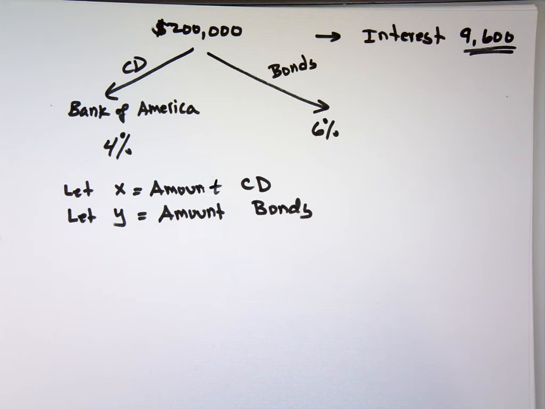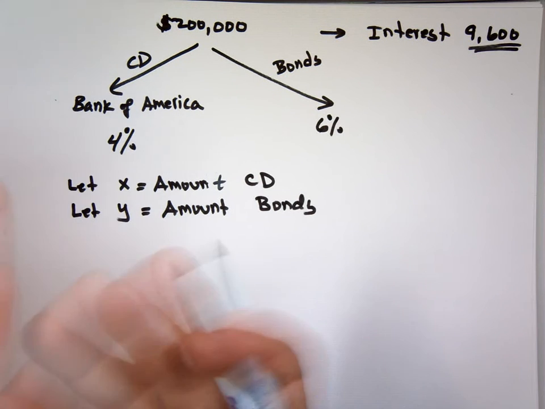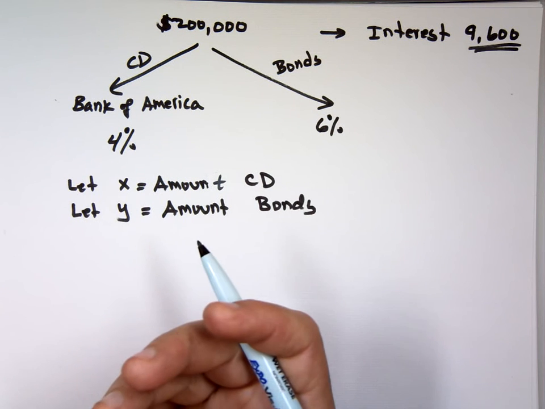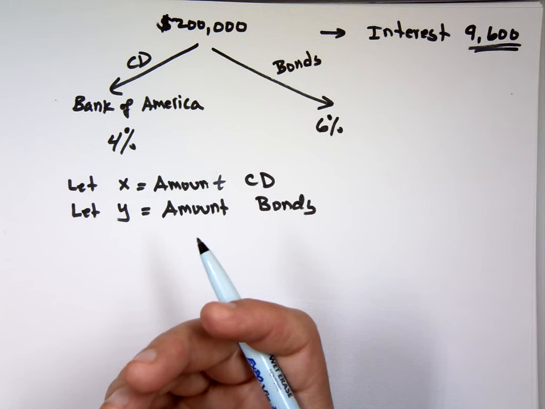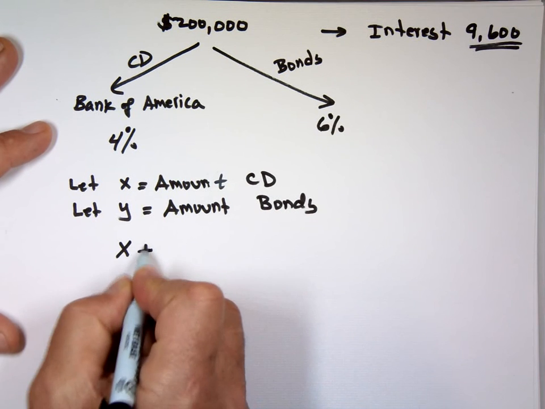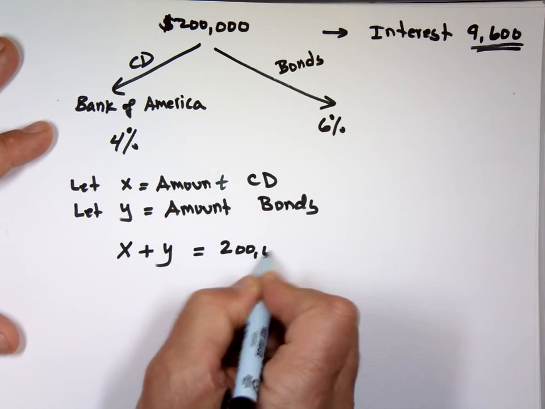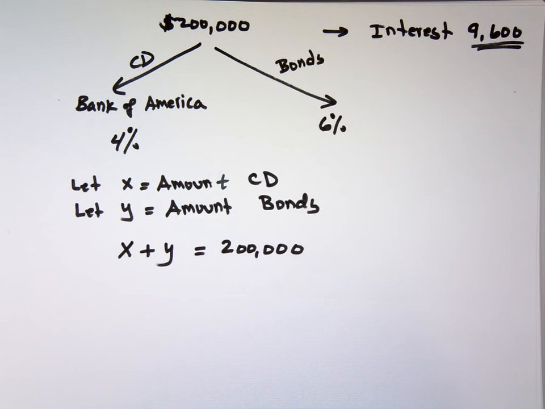Can we come up with two equations here? Let's talk about the actual money itself. If you take the money you put in Bank of America with the money you put in bonds, put them together, what are you going to have? 200,000. That's the first equation.